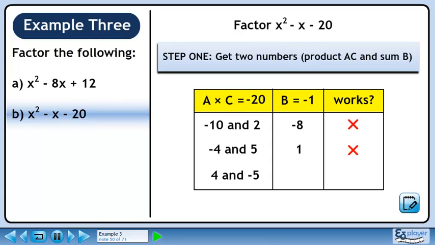If we swap the signs of the previous two numbers, we get 4 and minus 5. This gives a sum of minus 1. These numbers work since they have a product of minus 20 and a sum of minus 1.